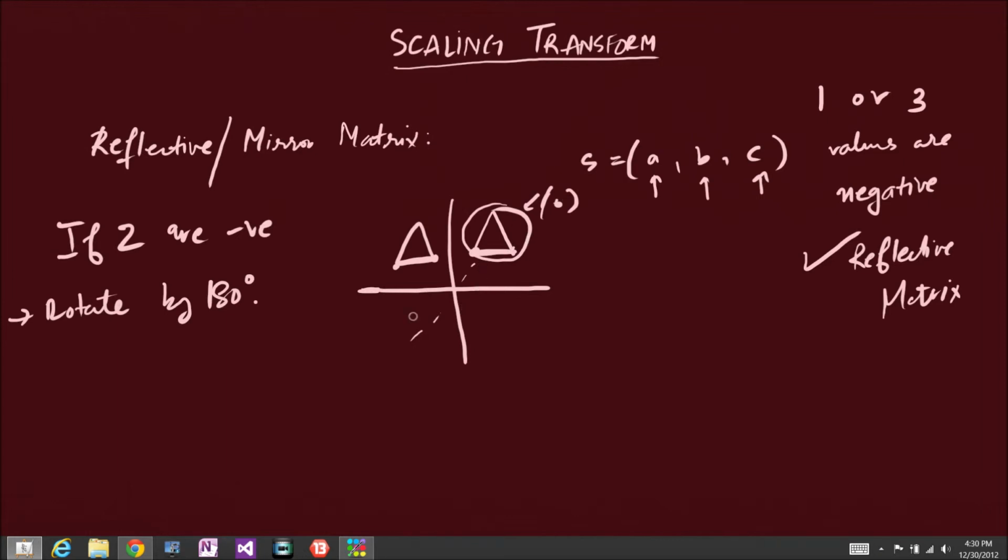I'm not going to give you a full illustration of which axis because there are a lot of cases here, but all you have to know is that this is one of the cases where it's not a reflective matrix, and it will rotate in a certain axis.